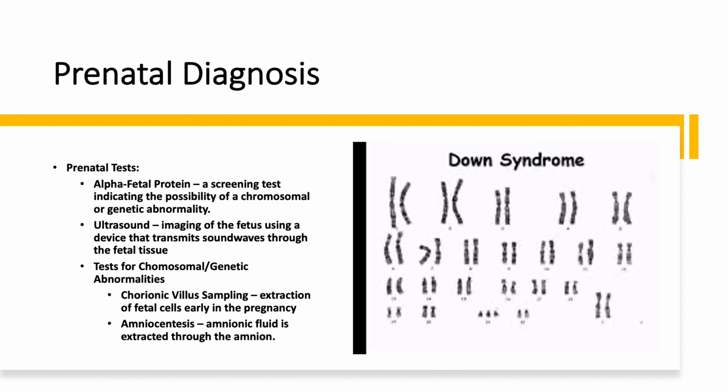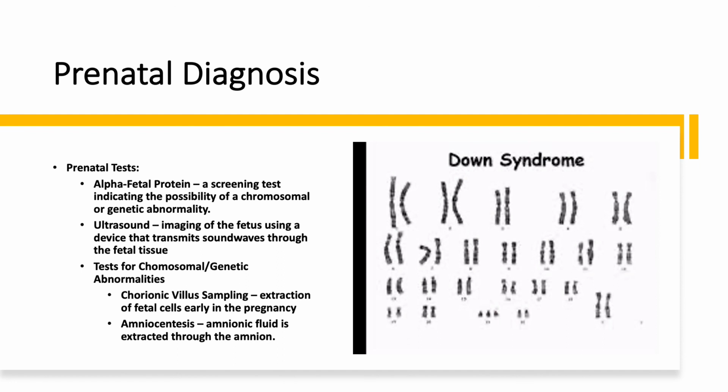And it's usually detected first in a low-risk pregnancy by an alpha-fetal protein test that gives you the possibility of chromosomal or genetic abnormalities by the alpha-fetal protein levels being a little too high or a little too low. That's not diagnostic. It's just a red flag to do an ultrasound and amniocentesis.